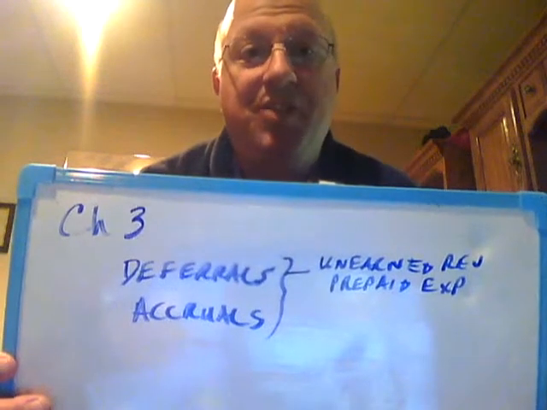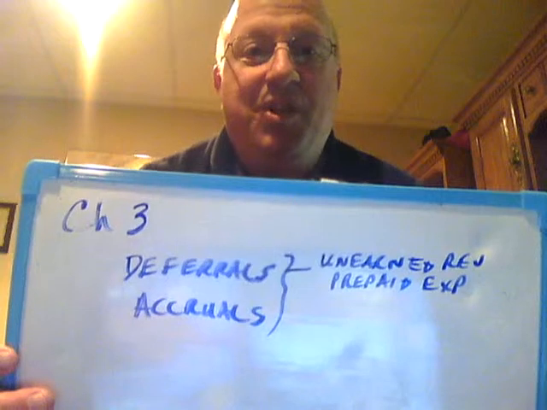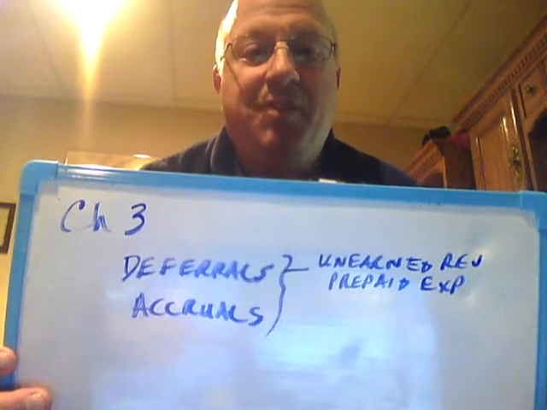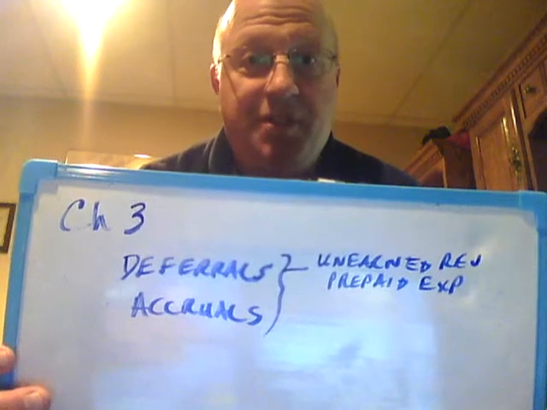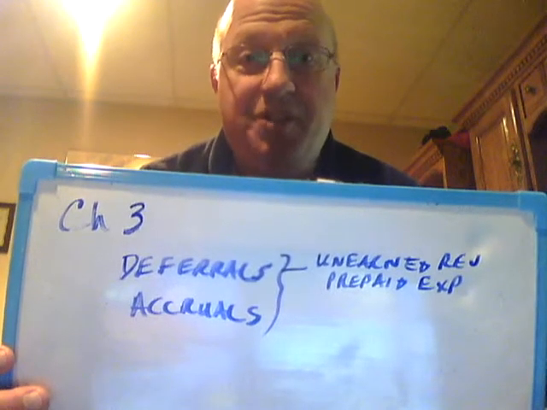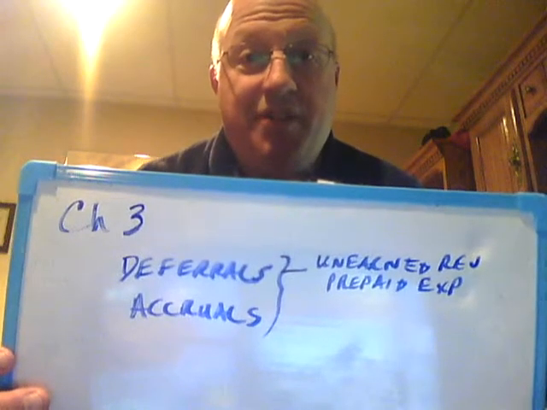And a lot of you got hung up on the idea of a prepaid expense being an asset, but believe me, that's what it is. You need to try to tie that in with things like supplies and insurance. Those are two of the most common types of prepaid expenses, and they are assets.